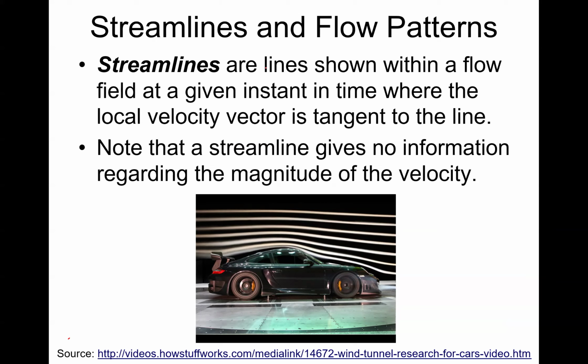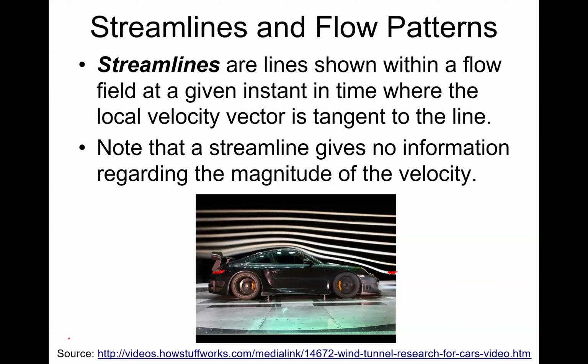And what they do is that you have some sort of laminar velocity flow, and you introduce some powder into the air at specific points, making these lines. So you can see how those lines break or don't break as they touch the car. But this is a good example of how a streamline works.